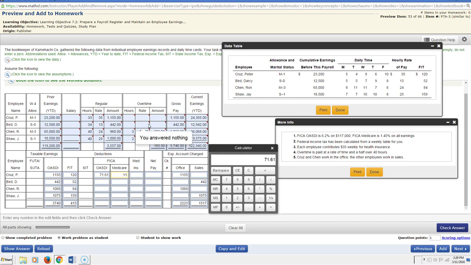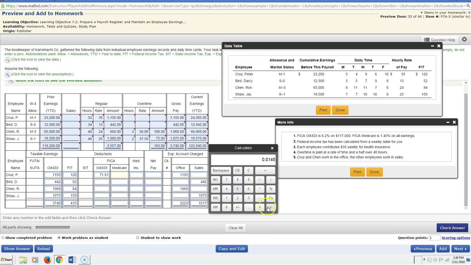And now the Medicare, all 1155. So 1155 in my calculator is taxable. I can clear all this out of here, right? I could take the 1155 times over here 0.0145. That's 1.45%.